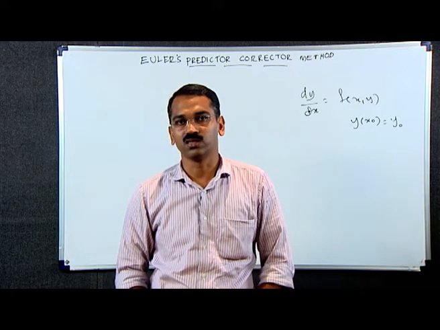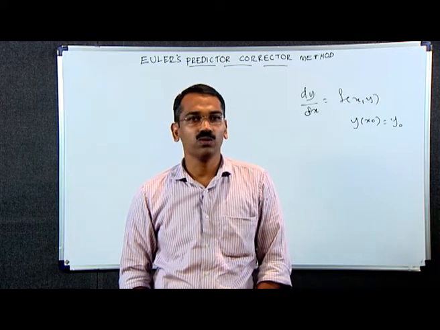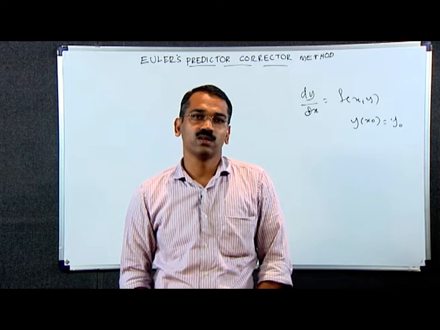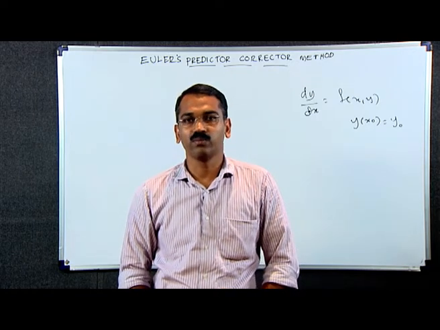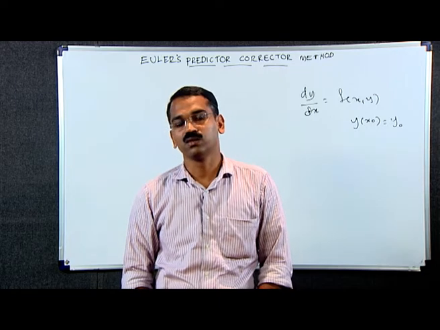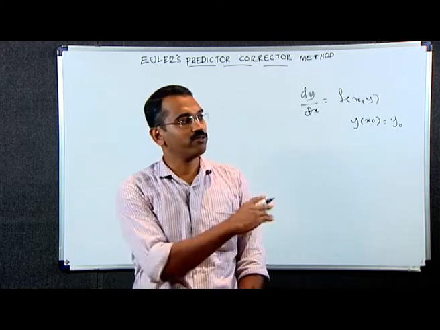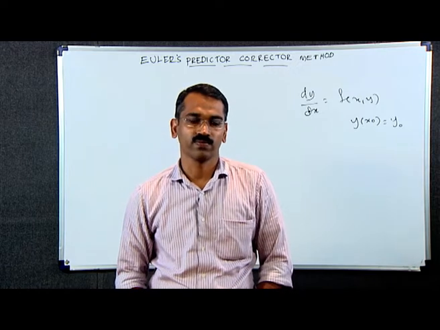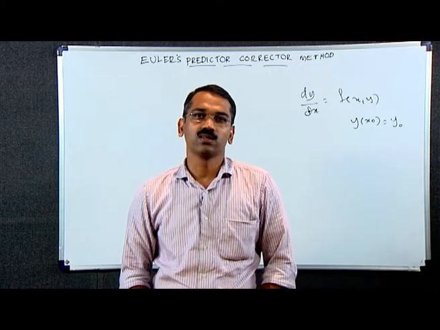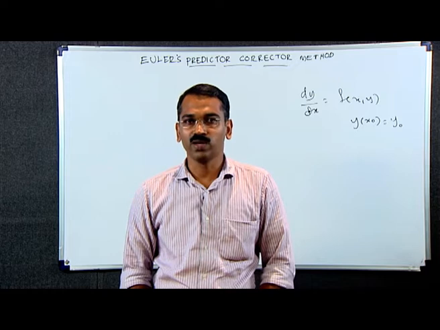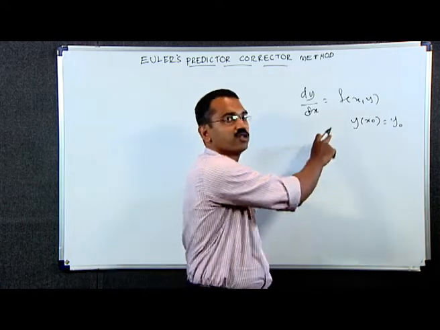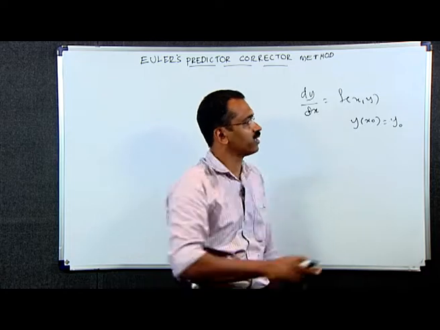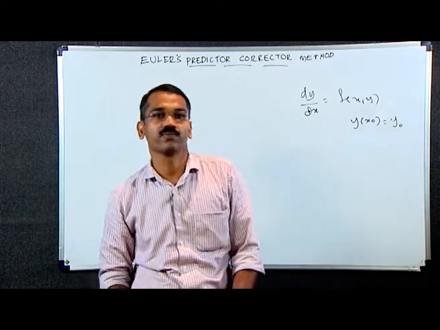and Runge-Kutta method. Now, here we shall discuss a new type of method, namely predictor corrector method, to solve this type of differential equations. In these methods, we use a pair of formulae to solve the differential equation dy by dx is equal to f of x, y, such that y of x naught is equal to y naught.